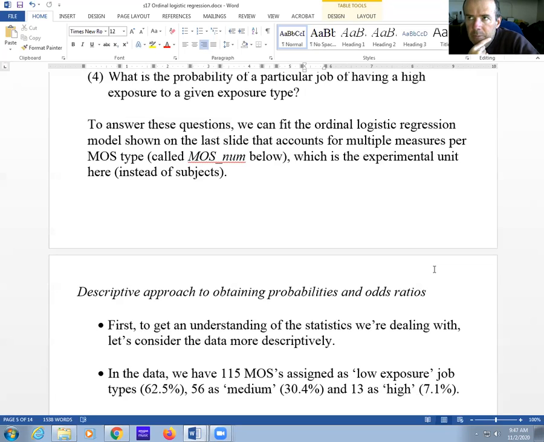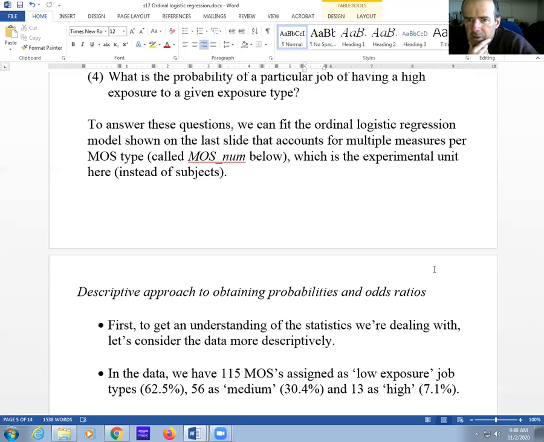But if you want to do inference on specific job types, and maybe that would be of interest here, it kind of depends on the research questions, then you would use it as a fixed effect.